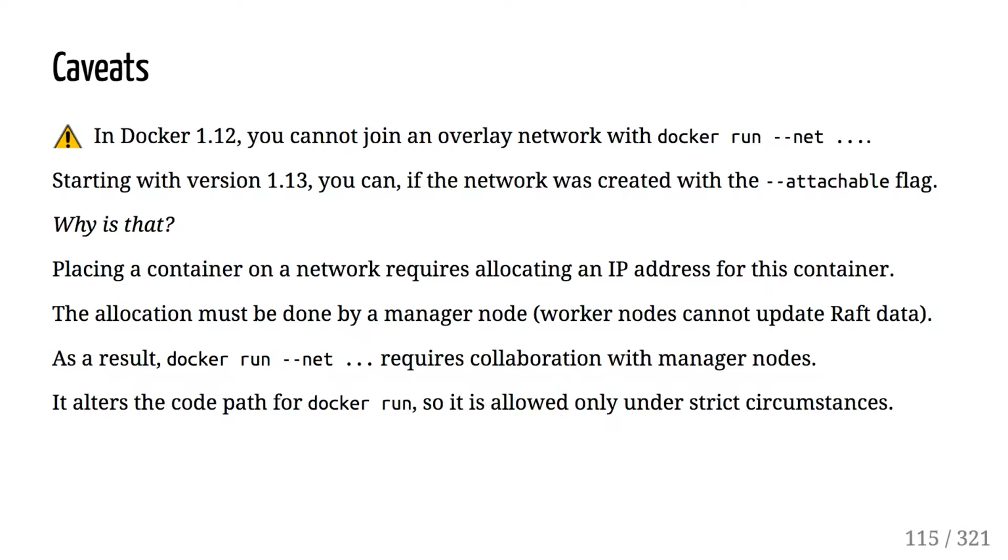And so when we released 1.12, we decided that the code path for Docker run should not be changed because, as I said earlier, we don't have an LTS release yet. So we wanted absolutely to keep things safe. In Docker 1.13, we added the option that you can create an overlay network that is attachable, and then you can use Docker run --net to drop into that network.